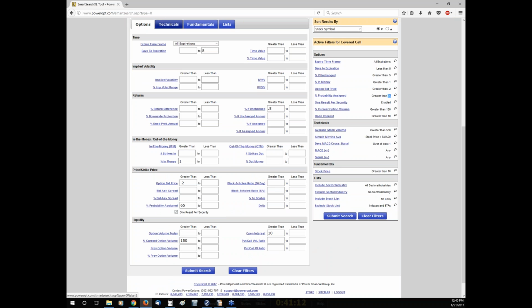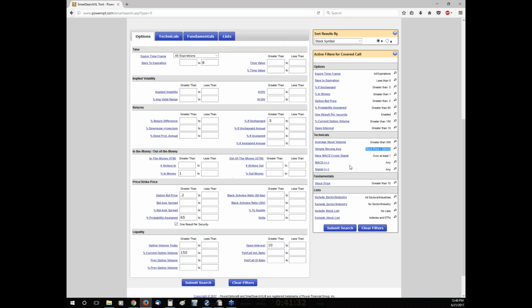But then at the same time, we put in technicals to look for stocks trading in an uptrend, stocks with a reasonable volume, and of course we can choose to avoid earnings between now and expiration, or specifically search for earnings between now and expiration, what I might do on a long straddle search, or if you're buying a call, speculating on that as well.